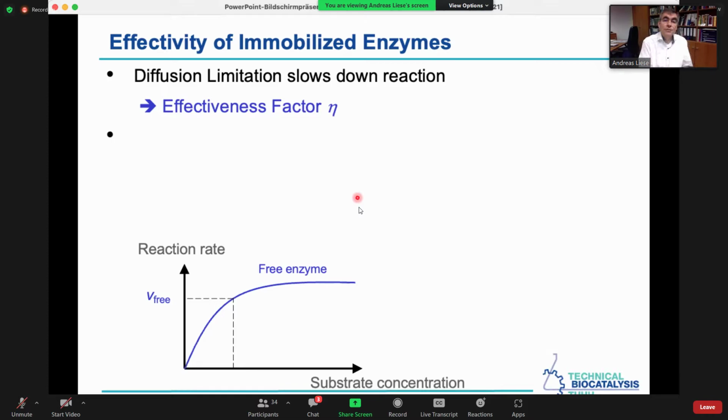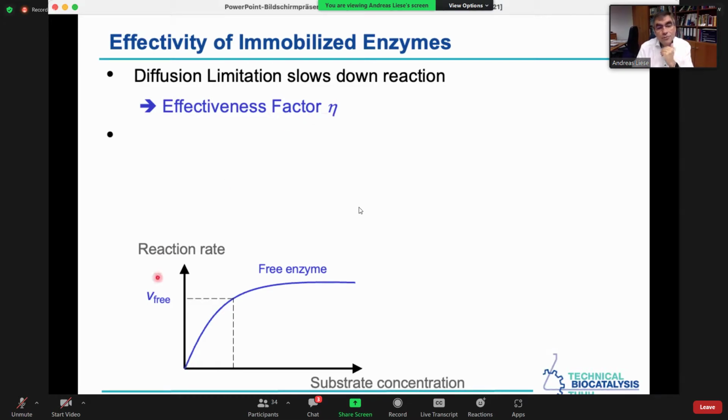However, it's not only diffusion limitation, it is also that maybe the surface charge, polarity, apolarity, hydrophobicity, hydrophilic character, so surface characteristics, are not appropriate. And there, the first parameter that we introduce is the effectiveness factor.